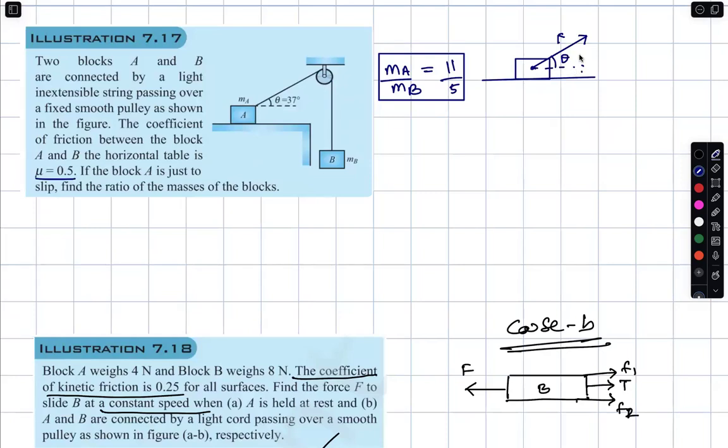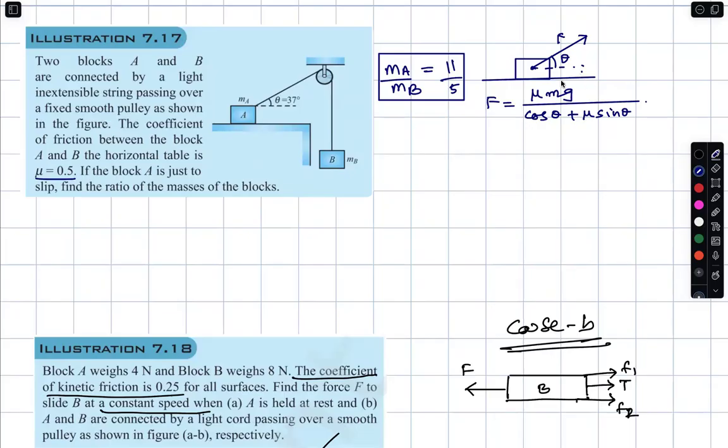I have done this in the very first day's class. It's a pulling force. Now what is the expression for the block to move? Mu mg. Do you remember this? Yes or no? The general formula is mu mg by cos theta plus mu sin theta. Do you remember this? That's all.